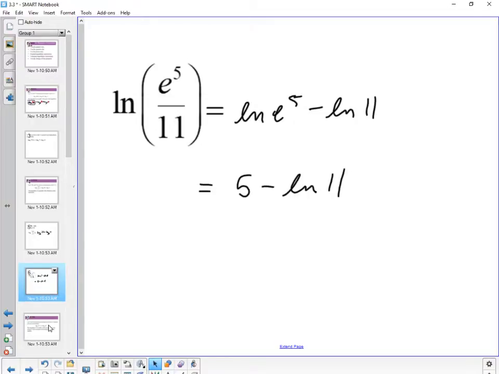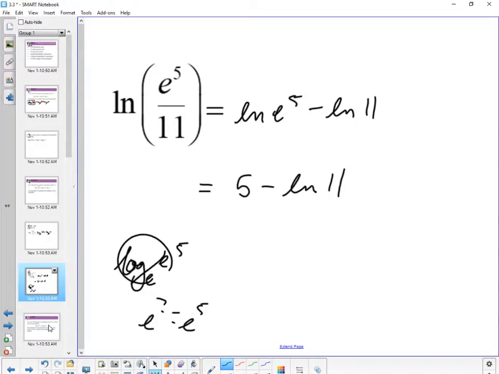Right, because ln is simply log base e. You got e to the 5th, right? e to something gives you e to the 5th. What was the exponent then? 5. Or you can just say that's a 1. Or it undoes itself, however you want to think of it.